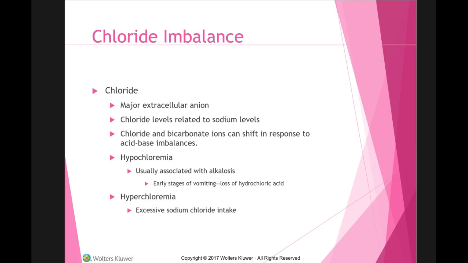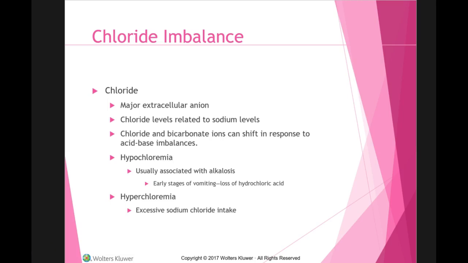But generally speaking, as bicarbonate ions are used up in binding with metabolic acid, chloride ions diffuse out of the cell, the blood cell, into the serum to maintain the same number of negative ions in the blood. So it's basically achieving that electroneutrality. The reverse can also occur when the serum chloride levels decrease.